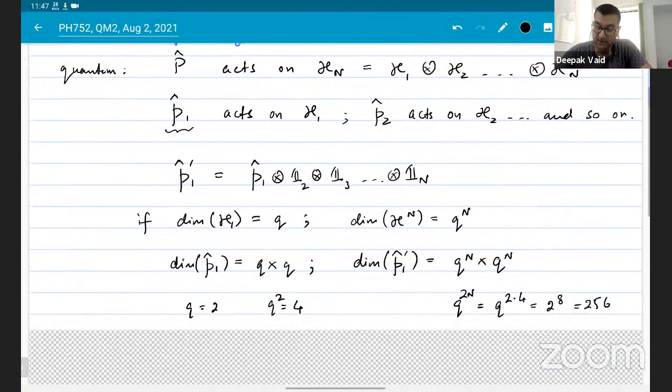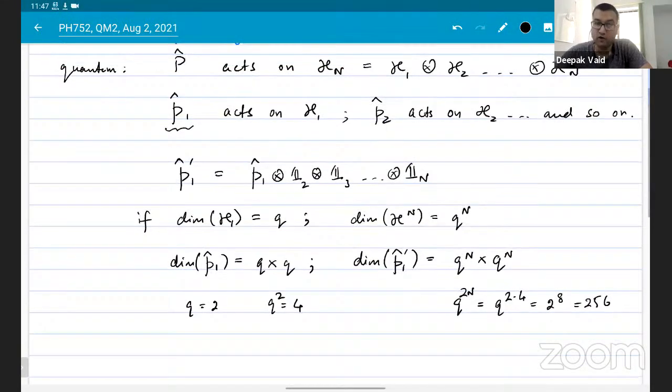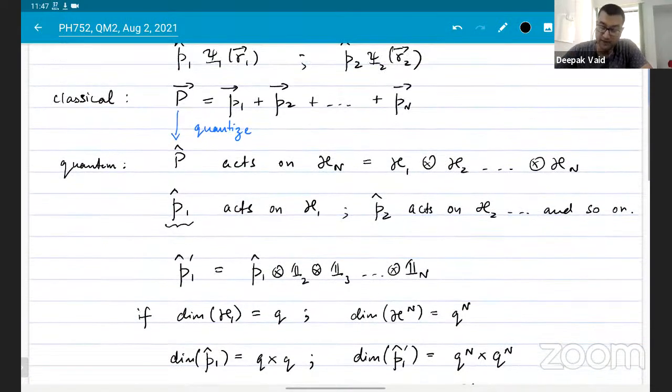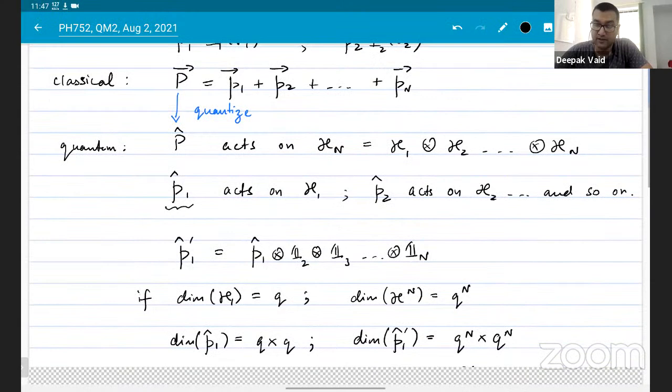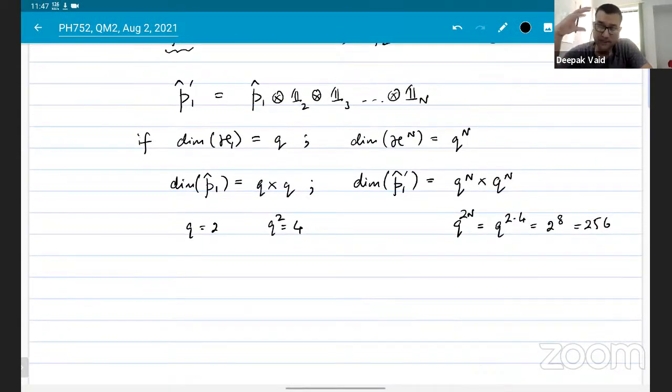Now again, some of you might question, how am I going shuttling between infinite dimensional and finite dimensional? For instance, I said these are all infinite dimensional. Well, nothing in life is actually infinite. This is just a mathematical idealization. If you actually have to implement this, let's say numerically, what would you do?